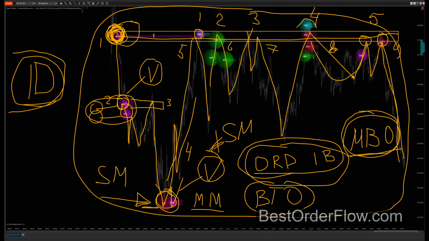They have an old algorithm or old formula to display large volume or large orders, and they can't combine them.